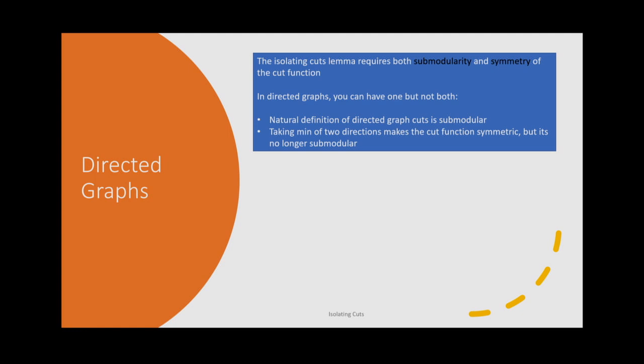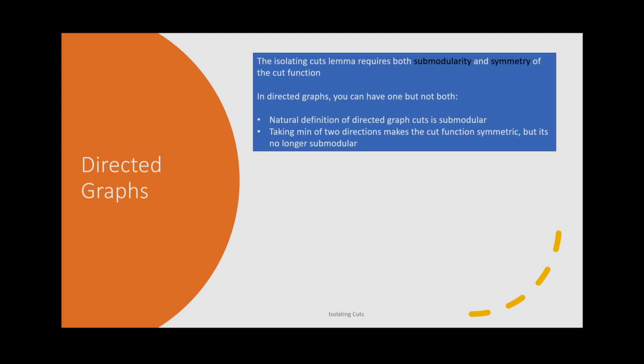Now, in directed graphs, you can get one but not both. If you define a directed cut to be what we normally think of it as, the set of edges going from one side of the cut to the other, then that does have submodularity. It does not have symmetry, of course, it is a directed graph.